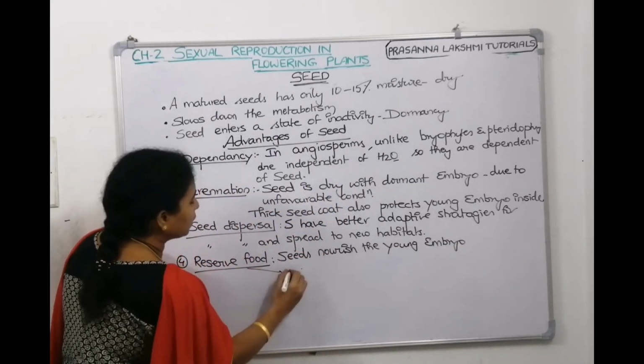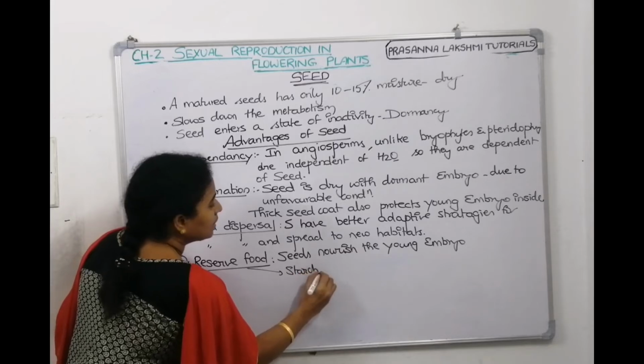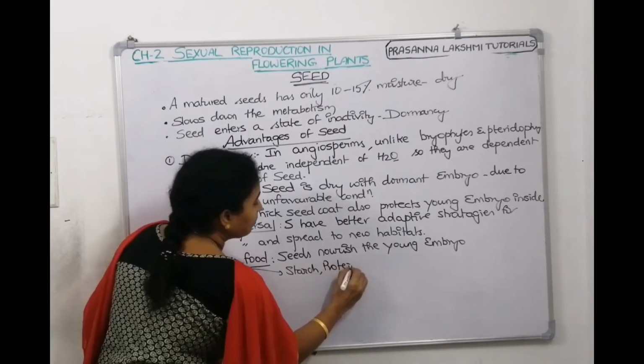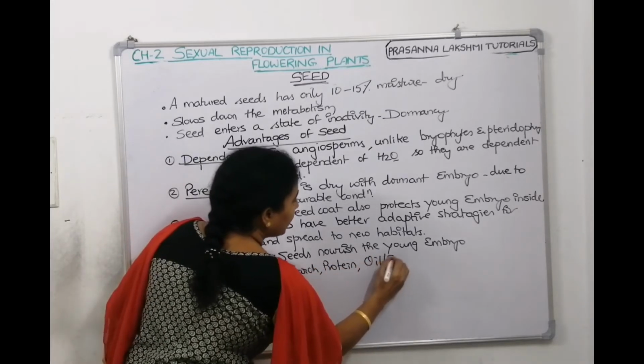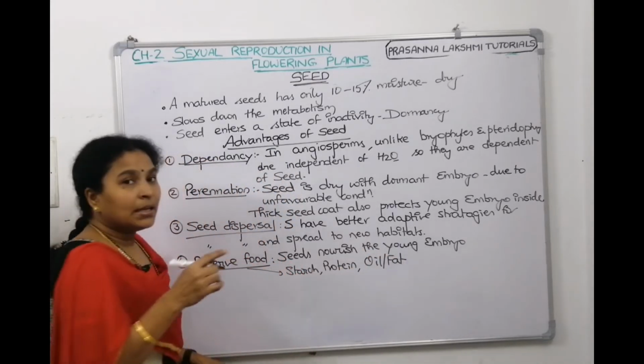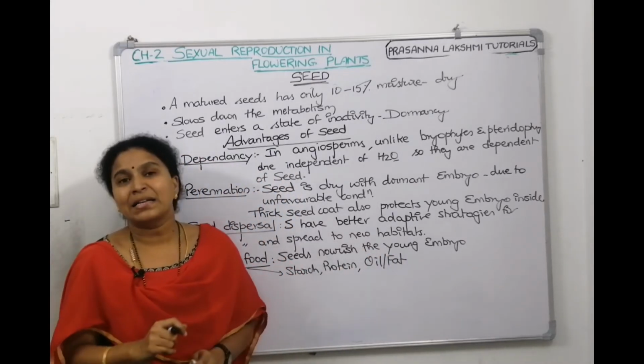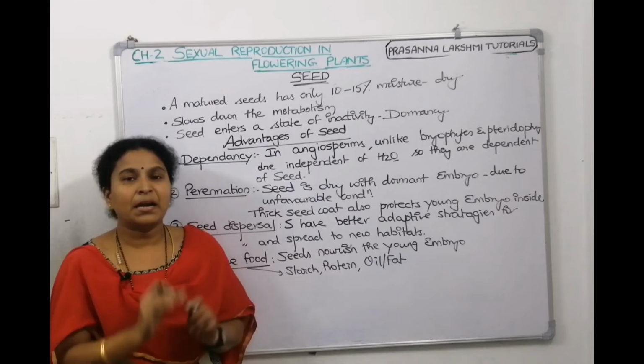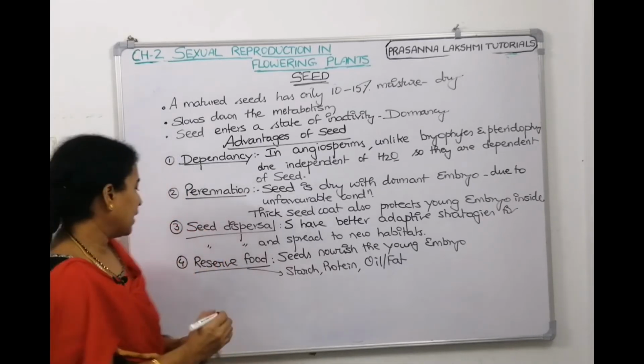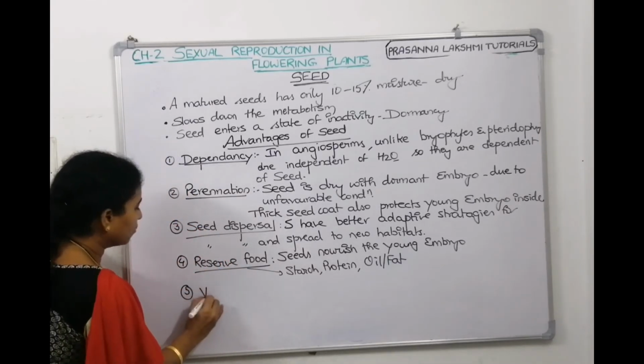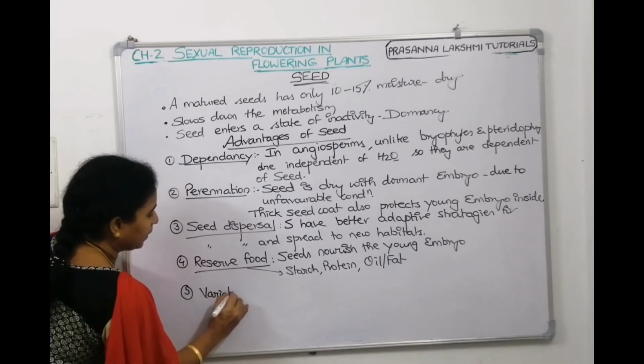Some seeds store starch, some store protein, some store oil or fat. Till the embryo gets its food by itself, it will be dependent on the seed for the food.